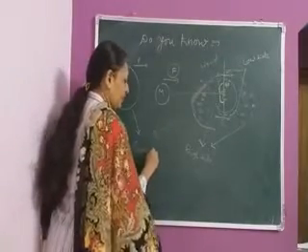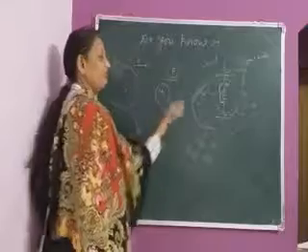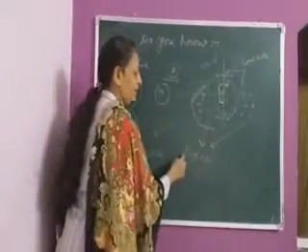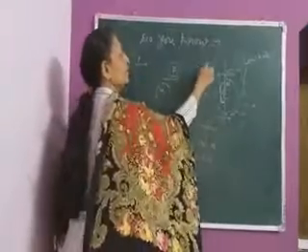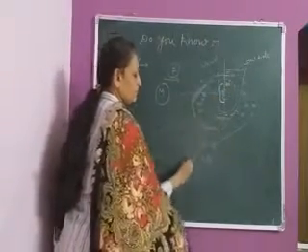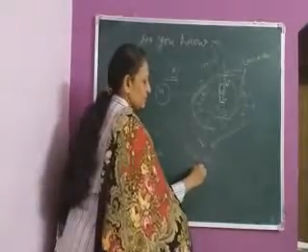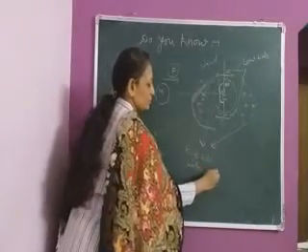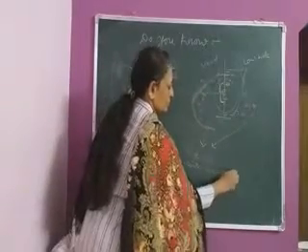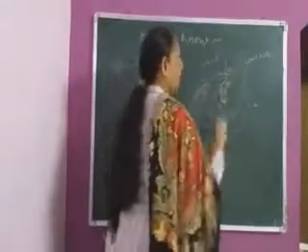At this time, the water level is even higher at the high tide, and at this location it is low tide. Water level increases extremely, and here the water level decreases.